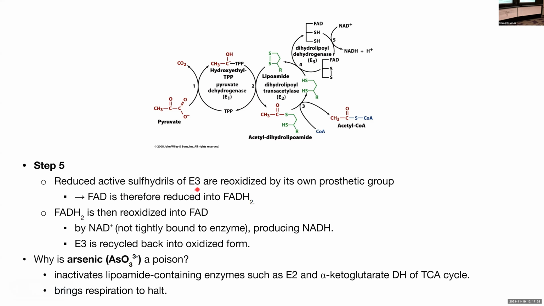So we're right on this fifth one. What we have now is these two sulfhydryl groups on your E3, and these are in reduced form, right? So to recycle this prosthetic group or this enzyme itself, it has to go back to its original form, which is an oxidized form.